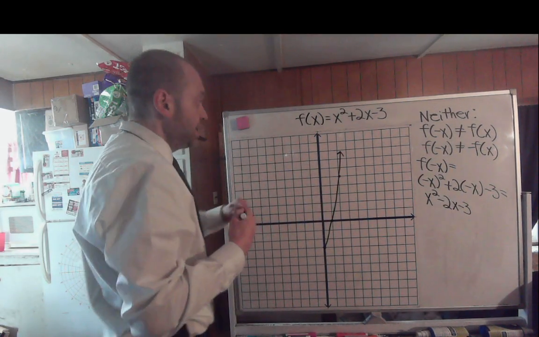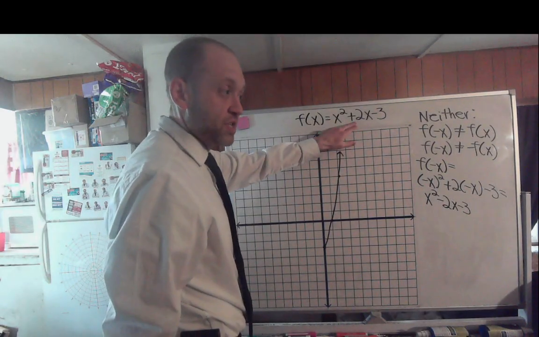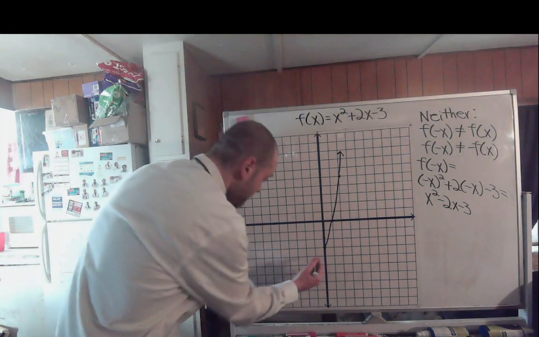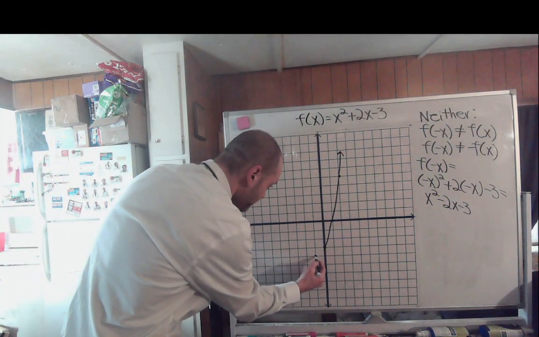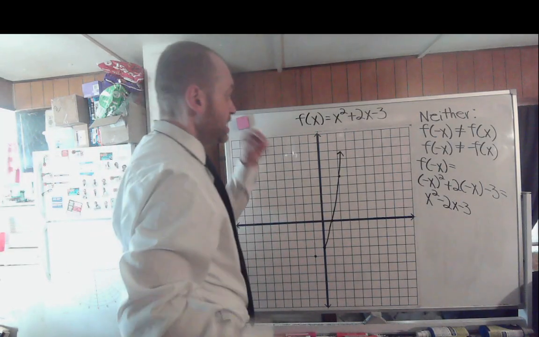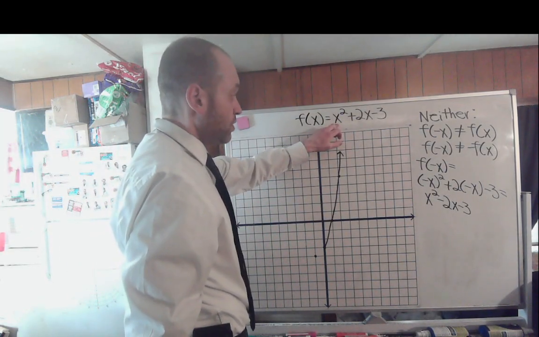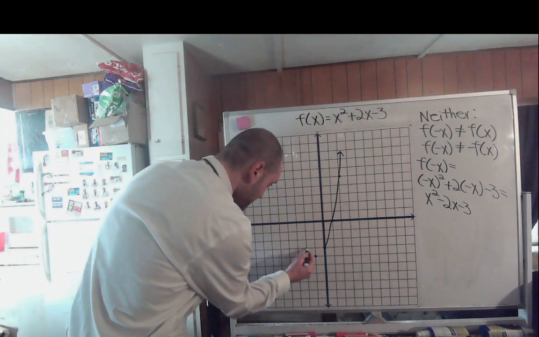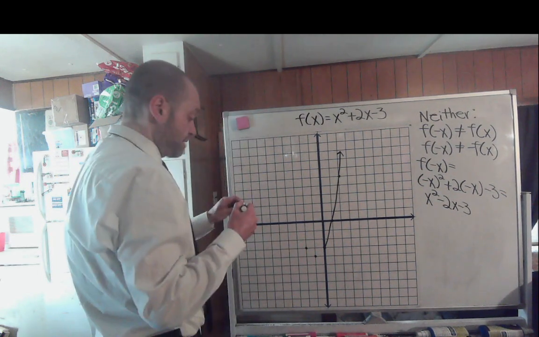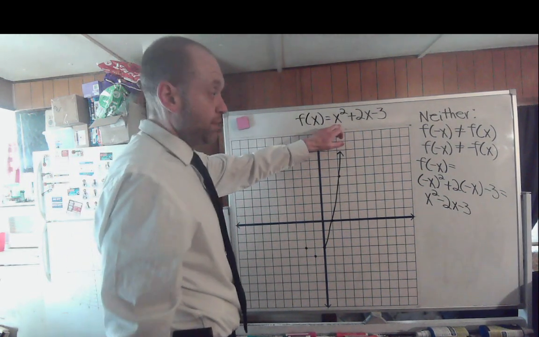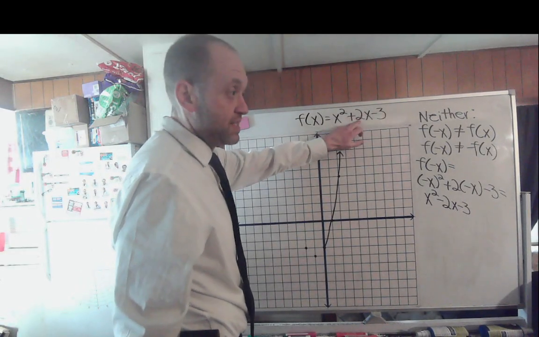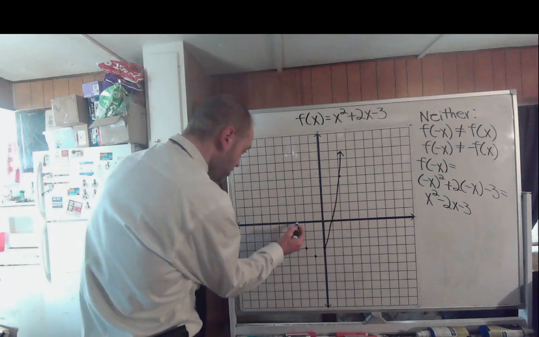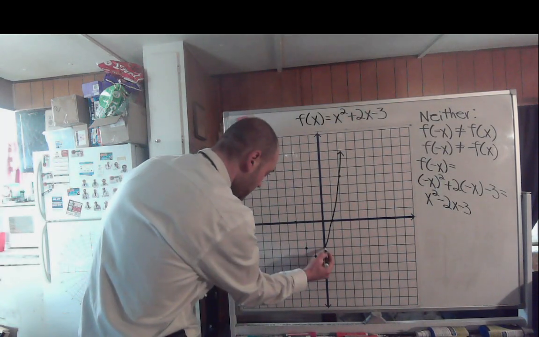If I put in negative 1, I would get 1 minus 2, which is negative 1 minus 3, which is negative 4. If I put in negative 2, I would get 4 minus 4, which is 0 minus 3, which is negative 3. If I put in negative 3, I would get 9 minus 6, which is 3, minus 3 is 0, and then you see how this is going to keep going.